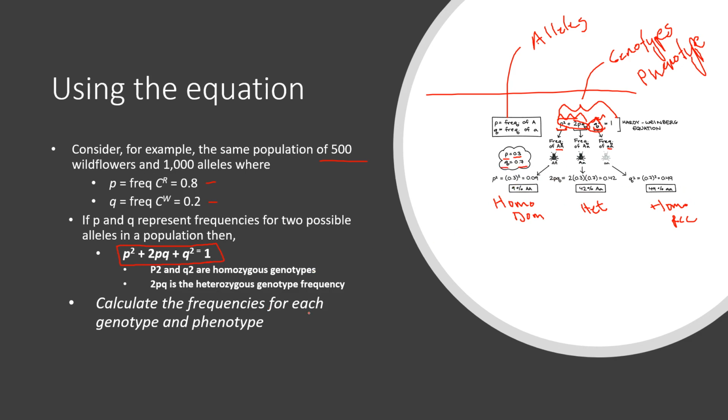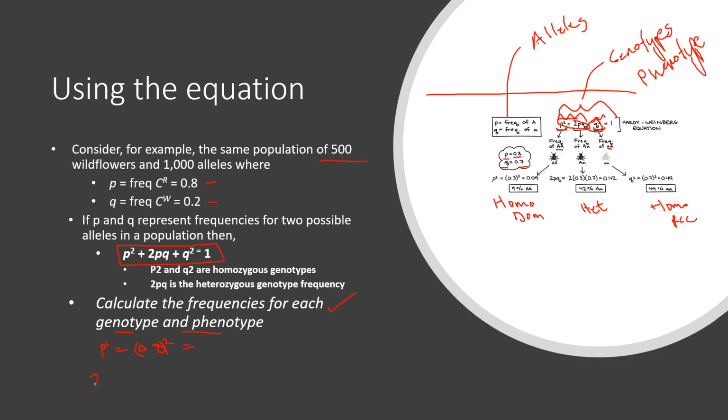What I want you to do using this information is pause the video and calculate the frequencies for genotype and phenotype using the values that we calculated with the flowers. I'm going to assume that you paused the video and you are ready to move on. First, let's calculate the frequency for P squared, your homozygous dominant. We take this value, 0.8, and square it, and whatever that equals will be our frequency.